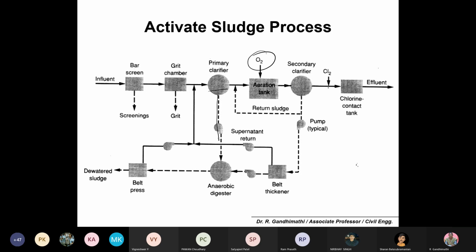That may be taken to the sludge digester. Then you are wasting one part of the active biosolids. Biosolids are organic, but the suspended solids settled in the primary sedimentation tank include both organic and inorganic.